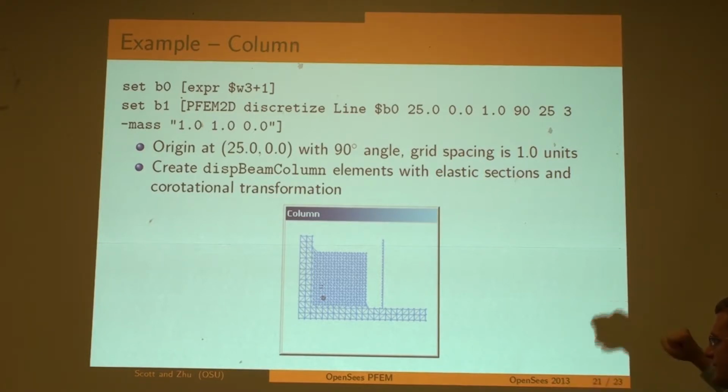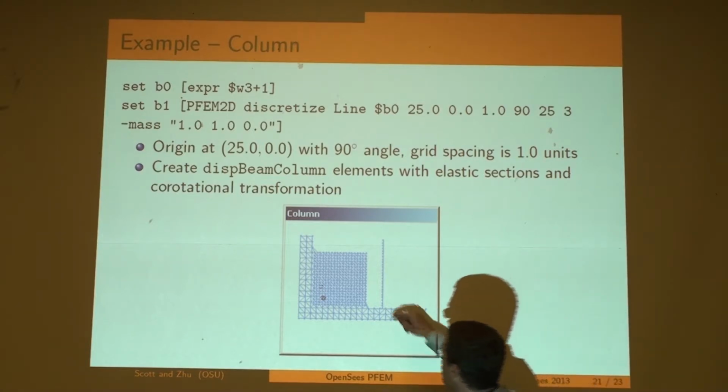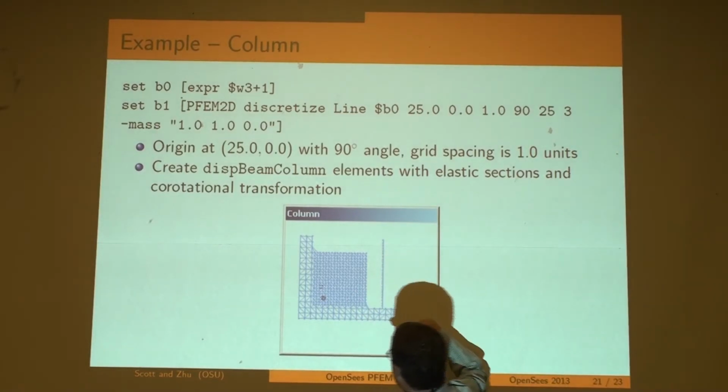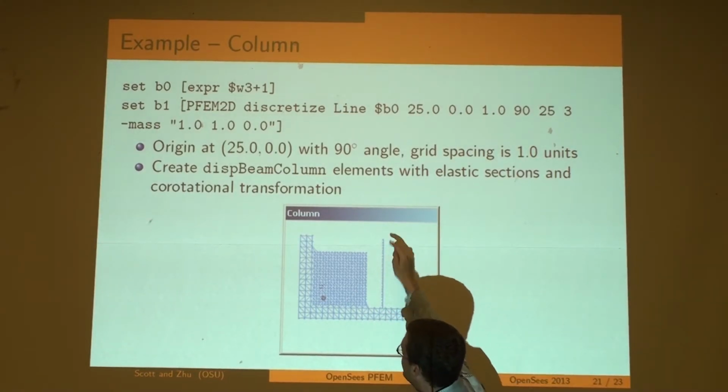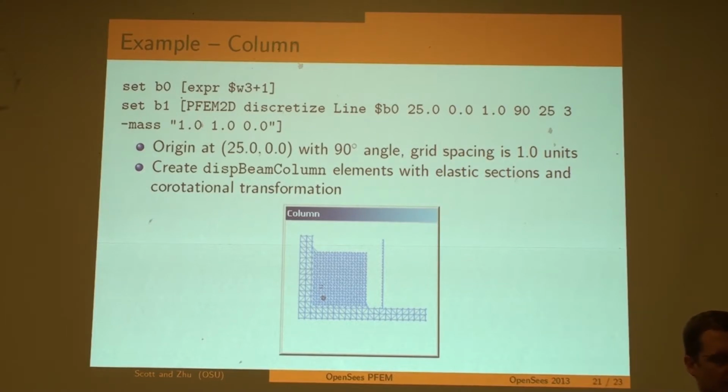We can track the large displacements pretty easily for the structure. So that's what we did here. Just discretize this line, and then write a little loop, create short elements. And if you're going to use really short elements, don't bother with force-based elements or that garbage. Just use the displacement-based elements.